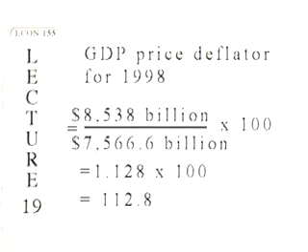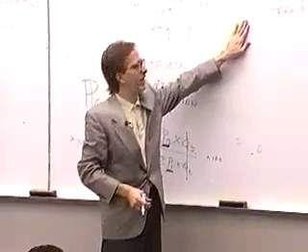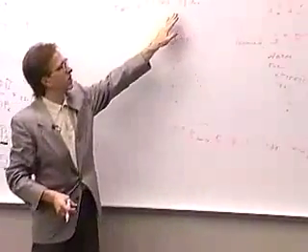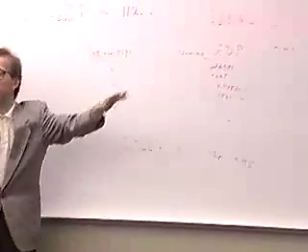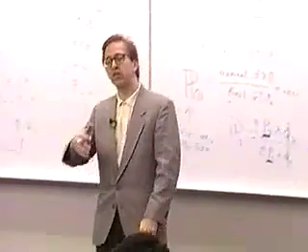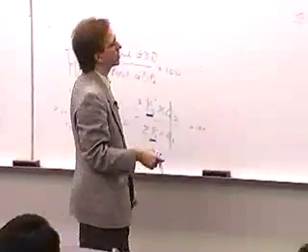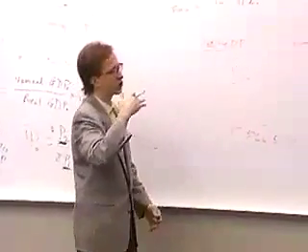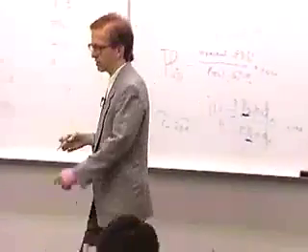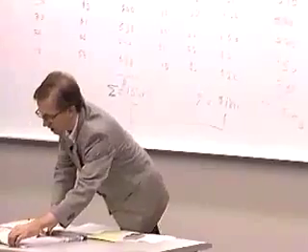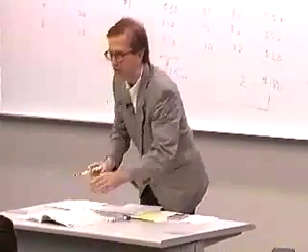112.8, meaning what? Good question. The price level in 1998 was 12.8% higher than it was in the base year. That is to say, in the year when we started counting forward, and what year would that have been? I believe that is in 1992 dollars.